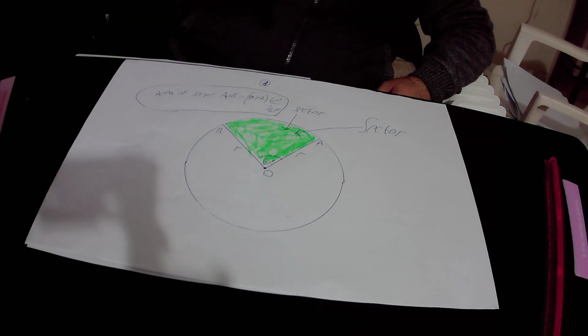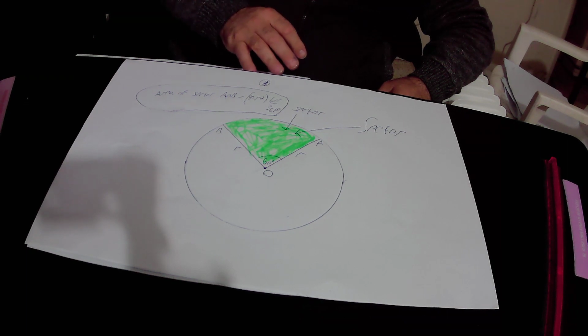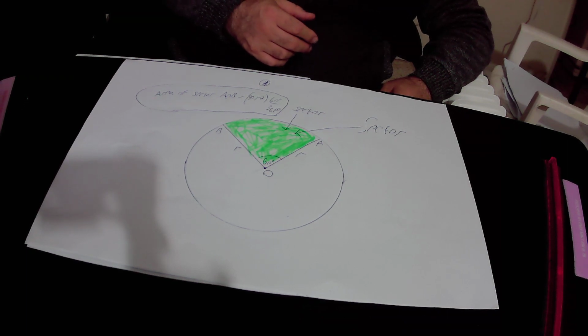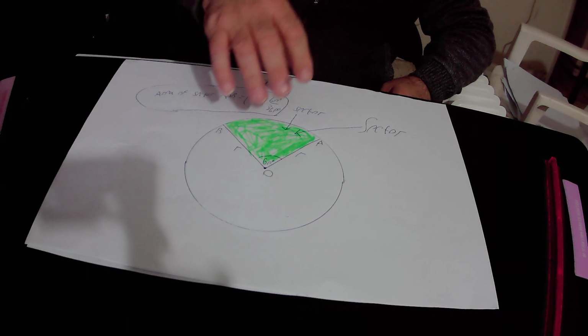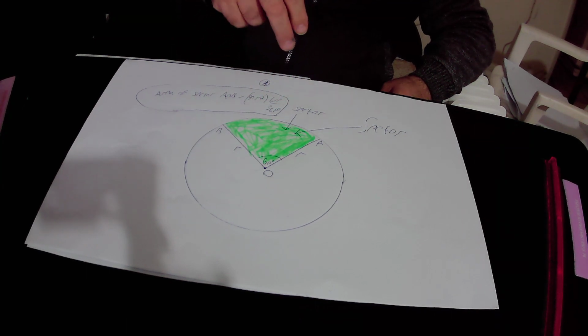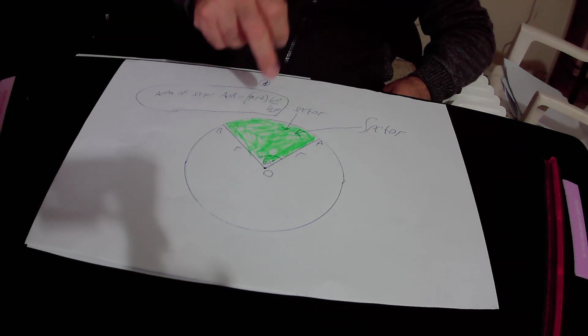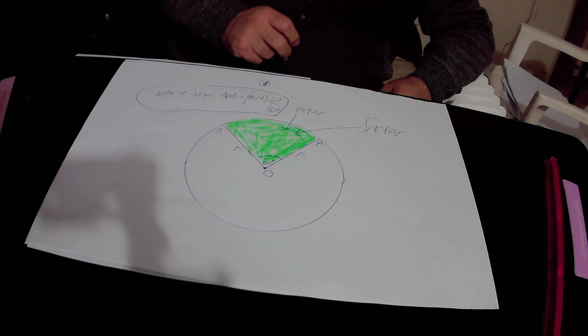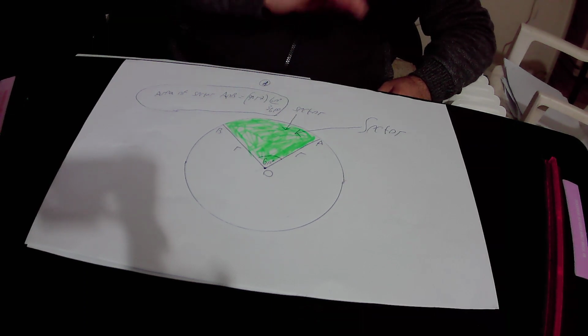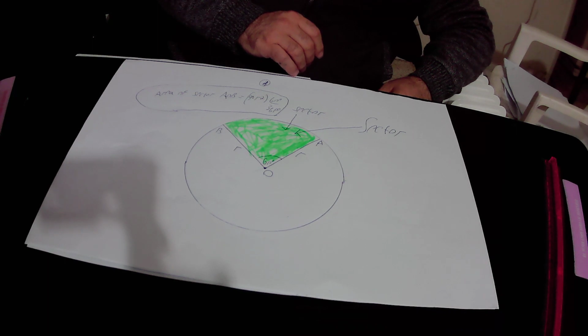So this is the definition of a sector, and the area of a sector is pi r squared, that is the area of the circle, times the angle that is between the two radiuses over 360 degrees. Okay, so this is the definition of a sector.